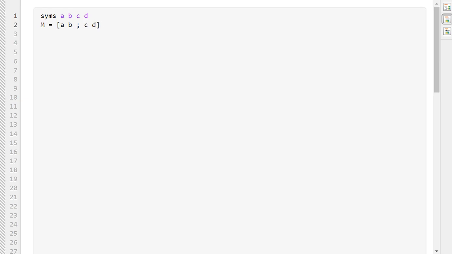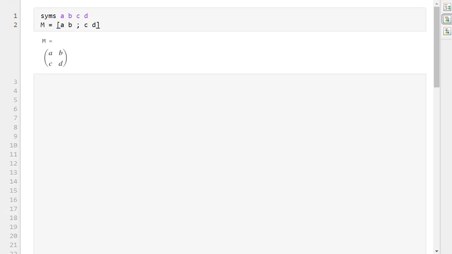So the first thing I have here, this is nice, it's actually displaying this matrix A, B, C, D. And I can do row operations on it. What I want to do is create the augmented matrix, matrix M, augmented with the 2x2 identity.